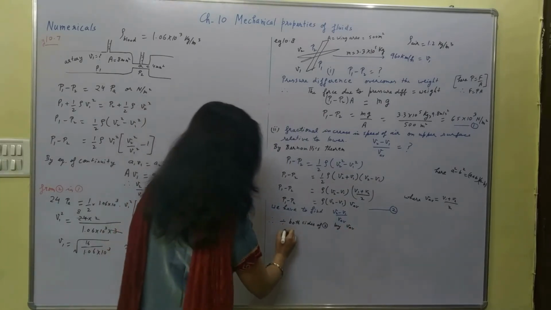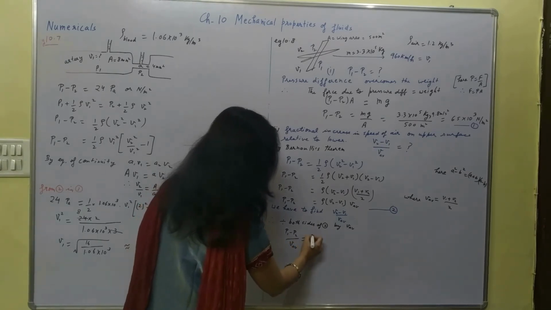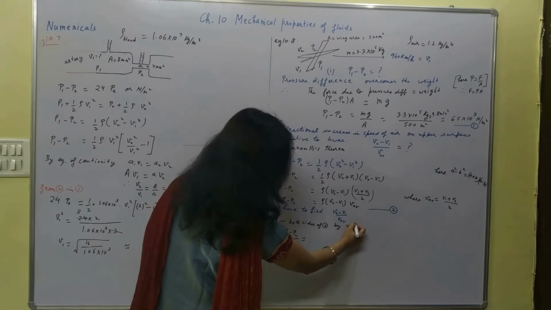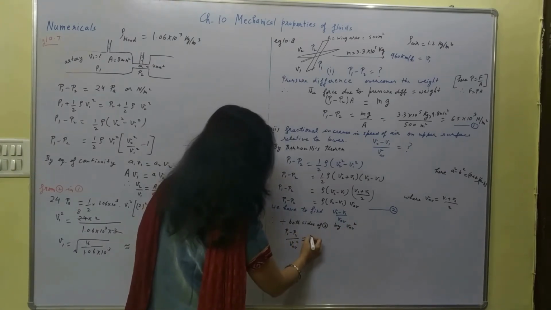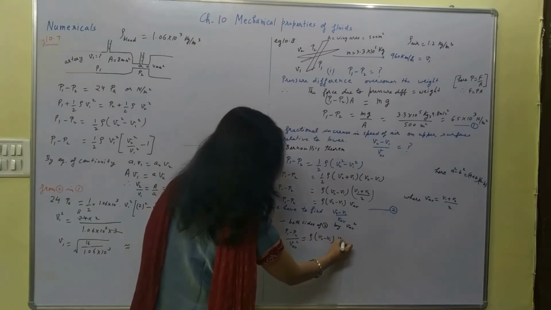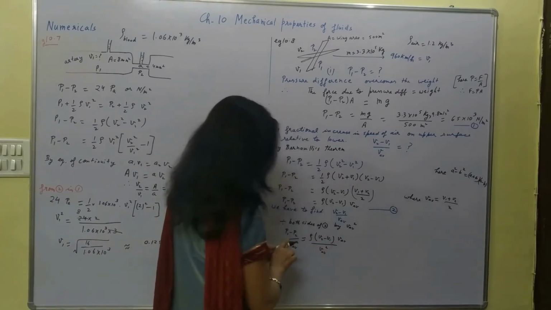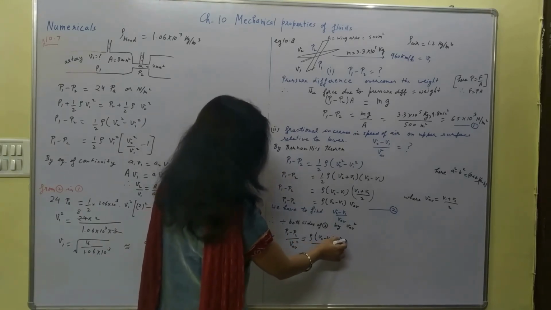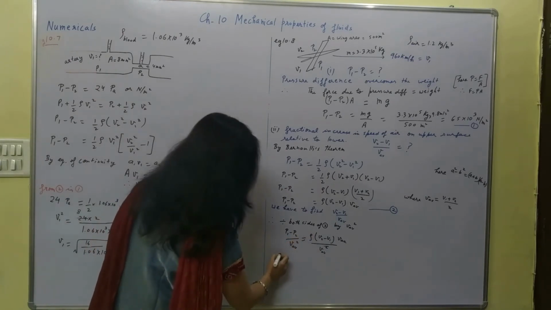So this gives me (P1 minus P2) upon V average is equal to rho (V2 minus V1) V average upon V average, so the V average will be cancelled. So what will we get?